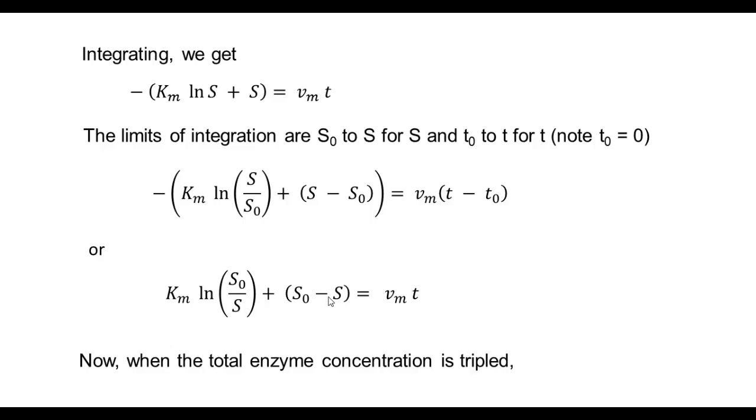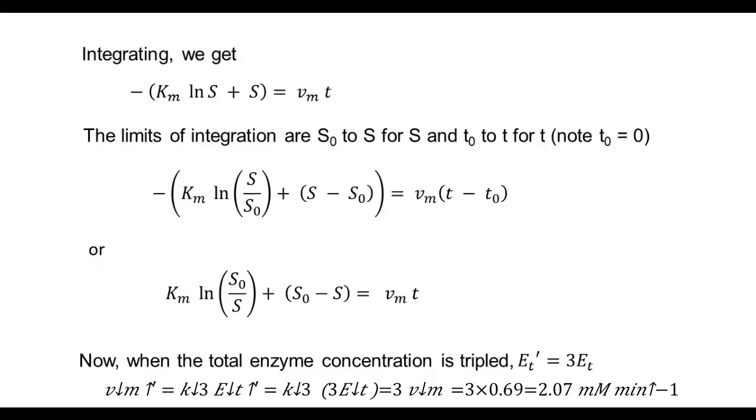When the total enzyme concentration has been tripled, what essentially happens? The new total enzyme concentration is 3 times the old total enzyme concentration. But what does total enzyme concentration affect that is of relevance to us?